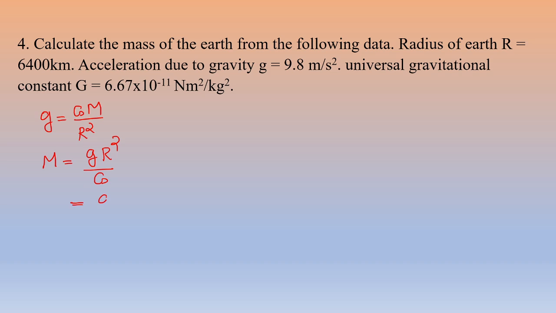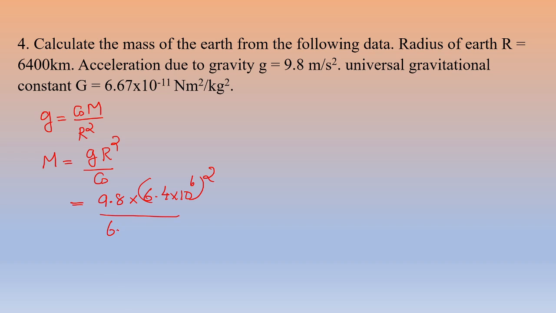That is, small g is equal to 9.8 meter per second square. Radius, that is 6.4 into 10 raised to 6, that we already expressed in the previous problem. R square, 6.4 into 10 raised to 6 square.